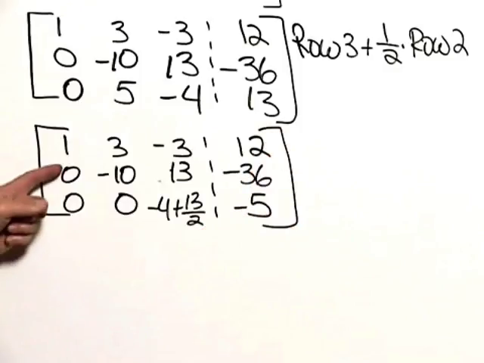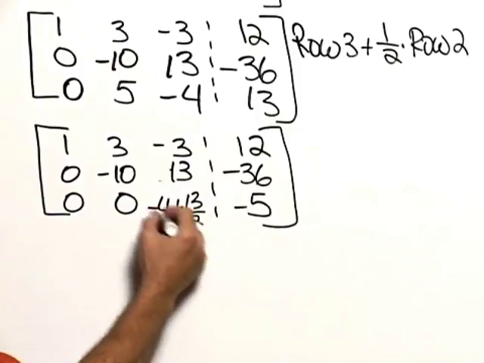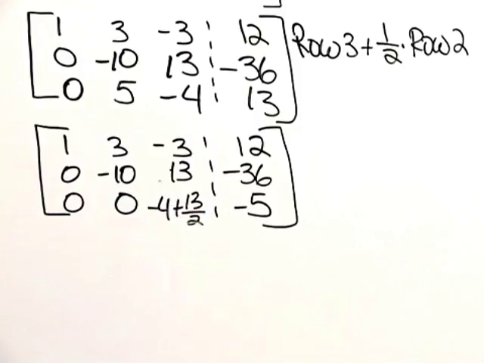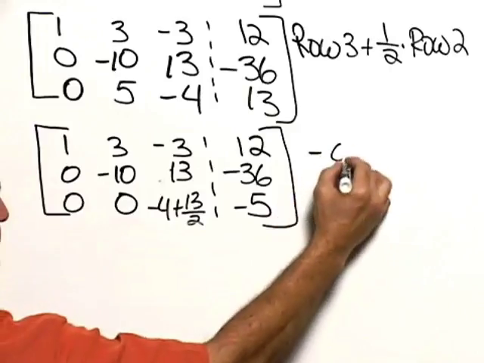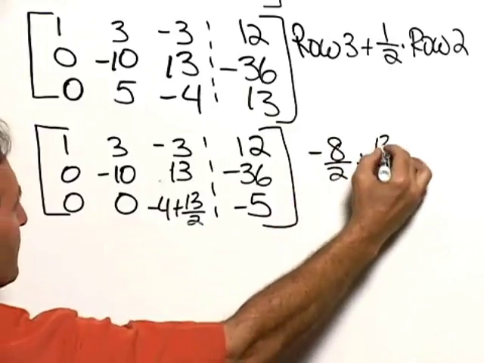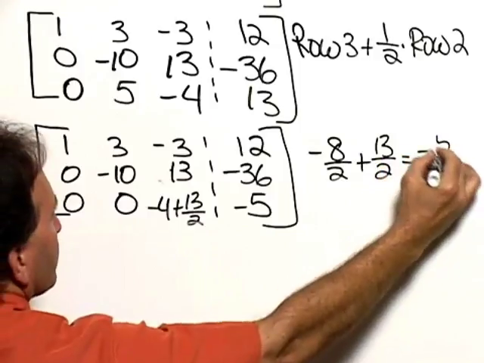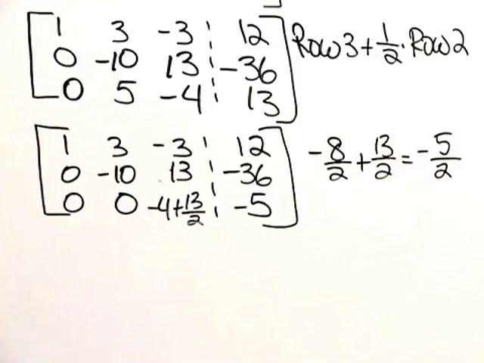So now we have zeros in the positions that we want. The only thing I'd like to do is simplify this part. This would be negative 8 over 2 plus 13 over 2 gives me positive 5 over 2.